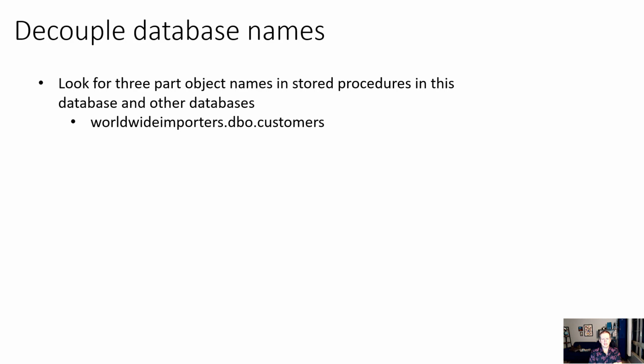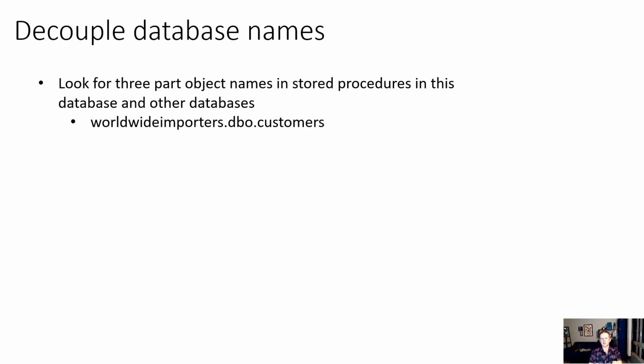So you may consider that this is technical debt. Think about it this way, right? When you're using three-part and four-part names, you're effectively coupling two databases with each other. And when you couple those two databases with each other, you can't move one or modify one without thoroughly testing the other one.